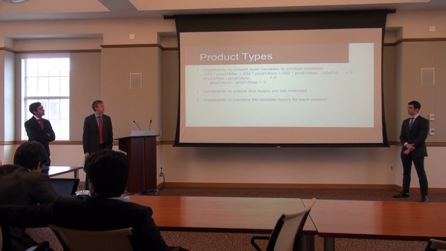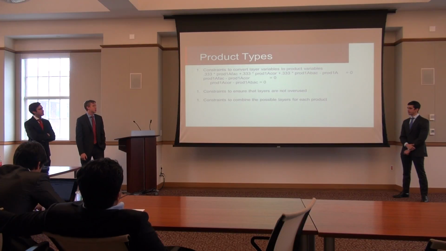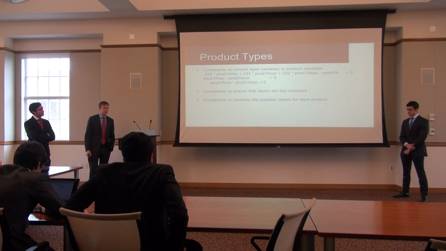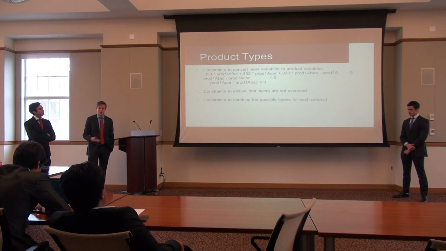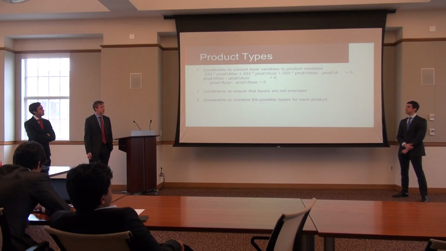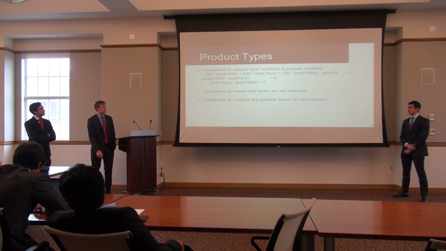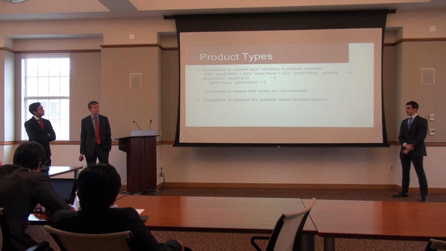Next, we needed to make sure that there were layers that weren't overused. We're drawing from these previously produced different layers of veneer that Santiago was telling you about, so we have to make sure we don't use more than we have.